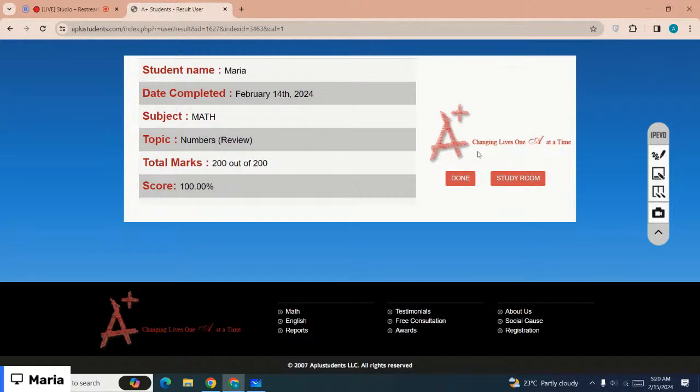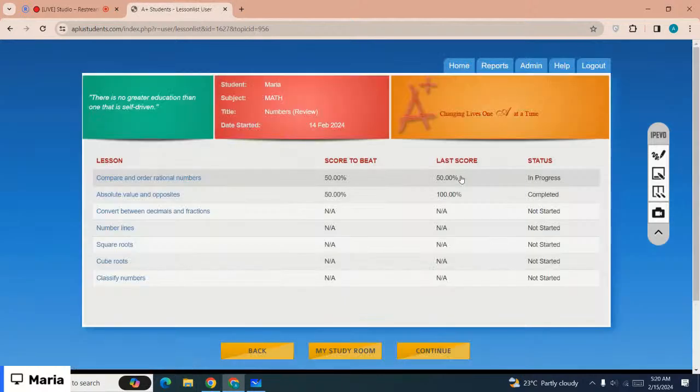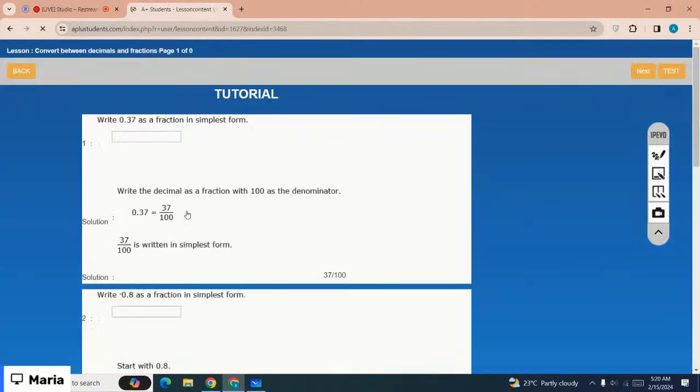Okay, the next lesson is convert between decimals and fractions.